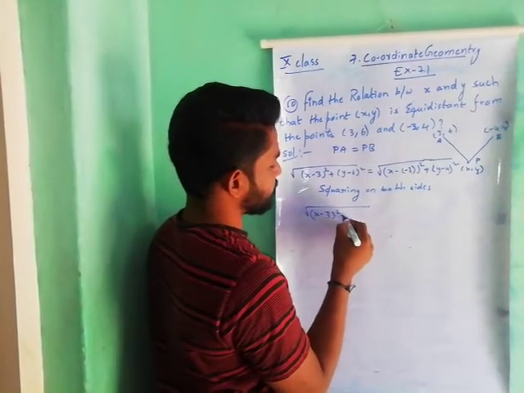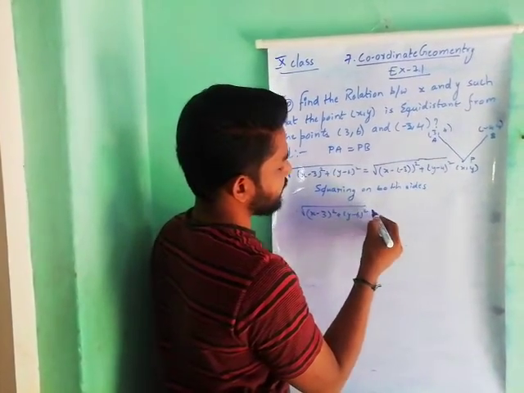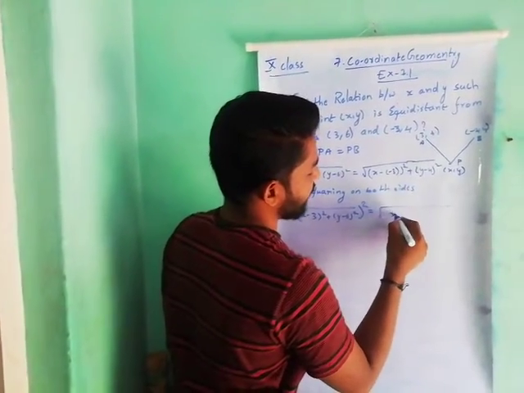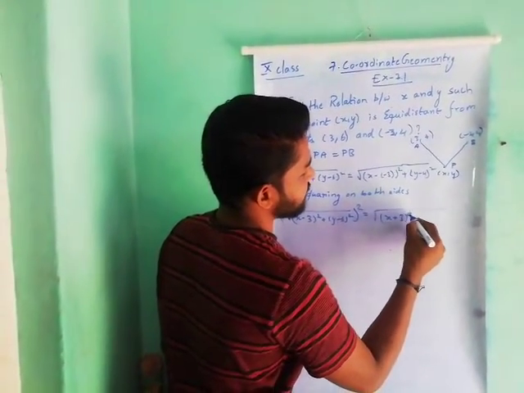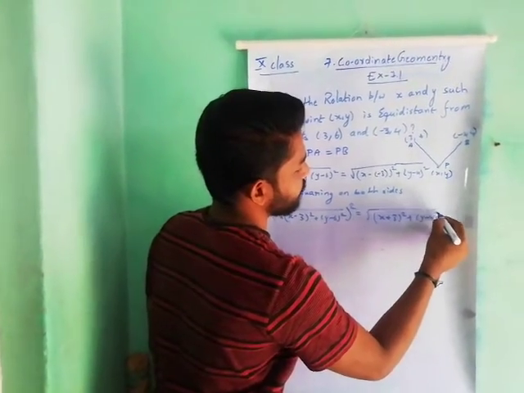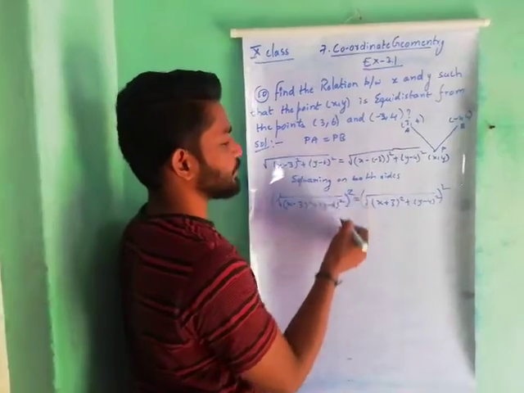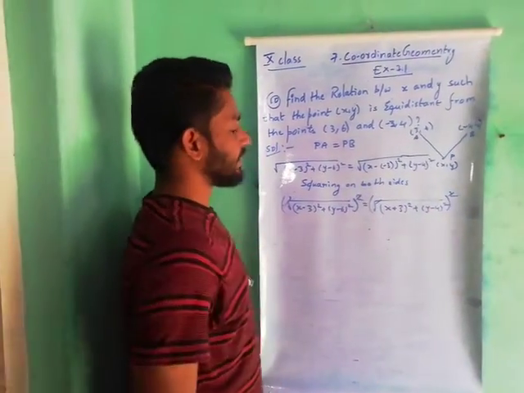X minus 3 whole square plus Y minus 6 whole square is equal to X plus 3 whole square plus Y minus 4 whole square. Square root and square get cancelled.